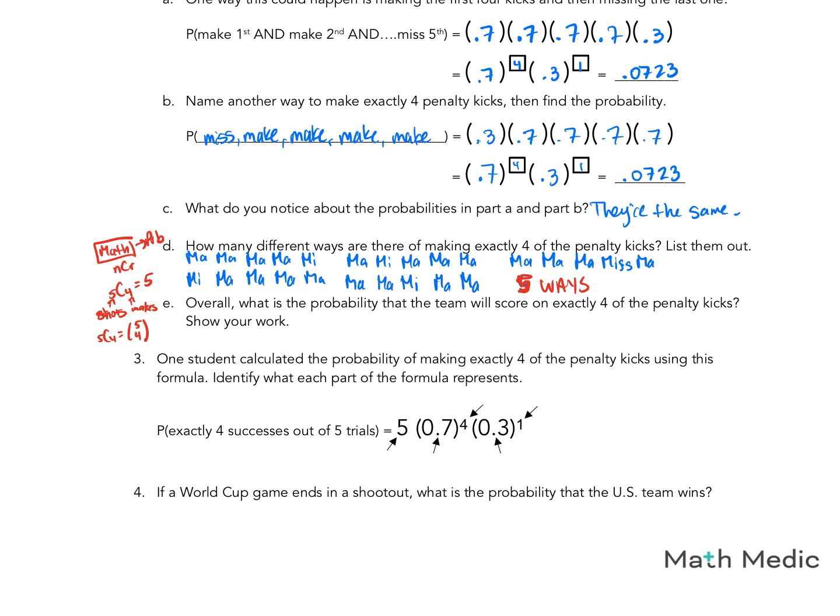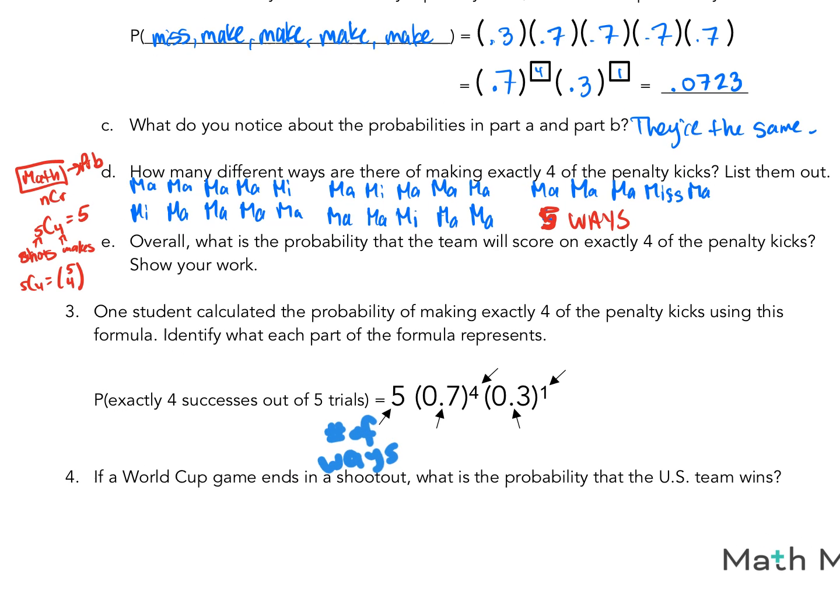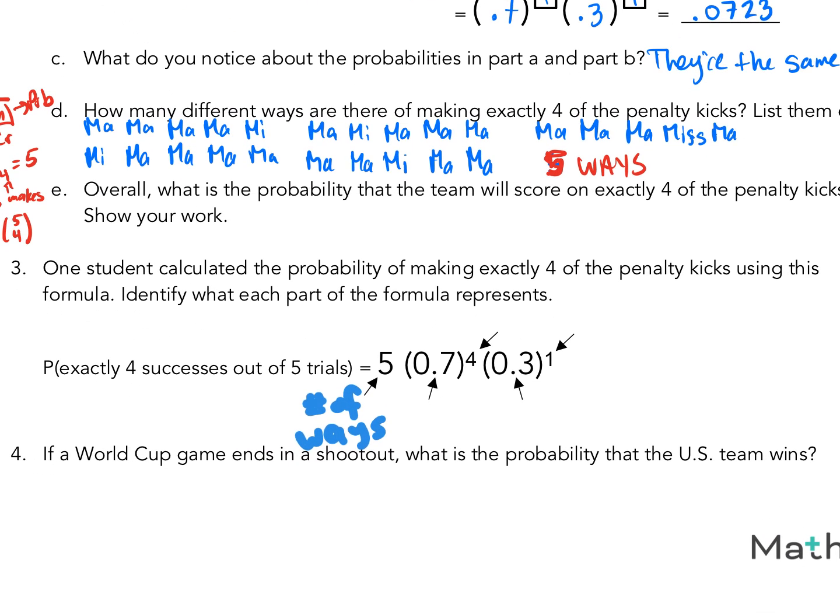This is our number of ways. The 0.7 is our probability that we make it. 4 is the number of makes. The 0.3 is the probability that we miss, and the number of misses is just 1.